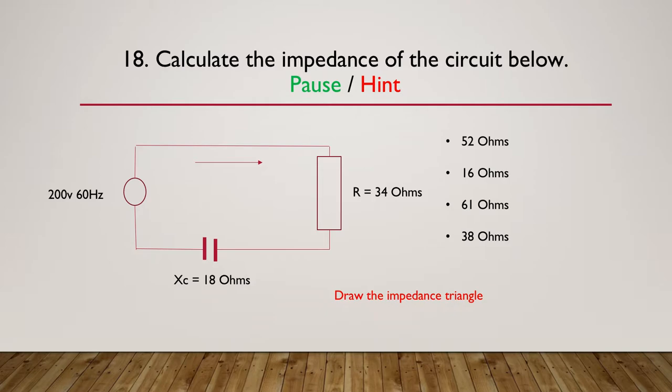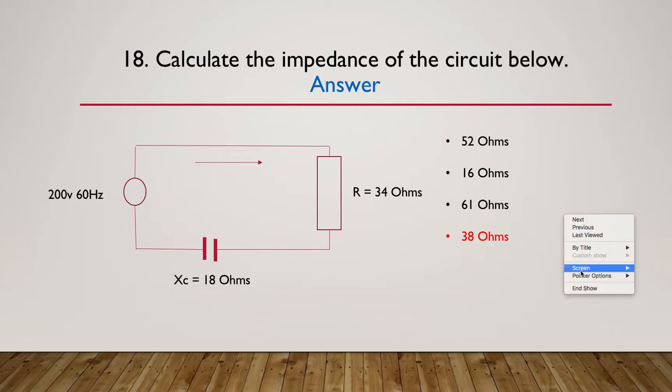Okay, welcome back. Let's have a look at the answer. So the answer is 38 ohms. How did we get to our 38 ohms? If you drew an impedance triangle, you would have had the R here and the XC here.